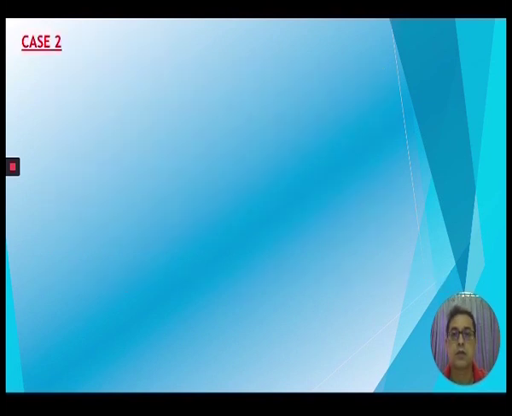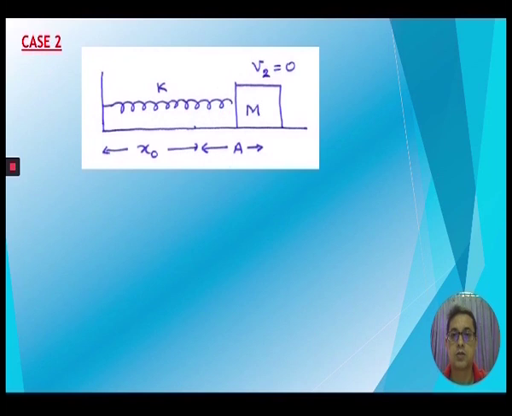So now let us go to case 2. In case 2, this block is now extended to x naught plus A. x naught was the equilibrium position and now it is extended, so it is at the extremum position here. In this position the velocity is obviously going to be 0.